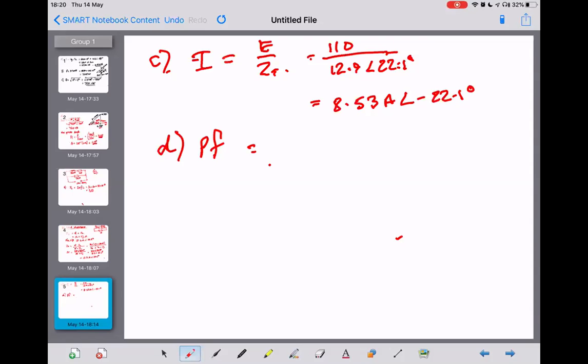You can actually drop the minus there because the power factor is just the cosine of the magnitude of the angle. Did you get 0.932? Well, I got 0.926. Let me take the minus off. Yeah, 0.926.